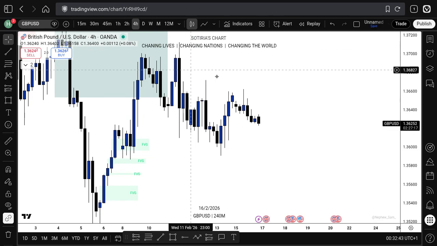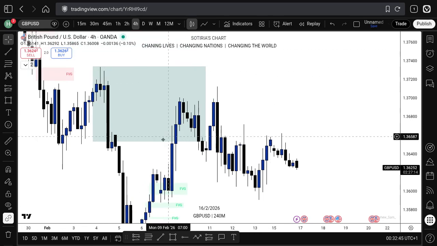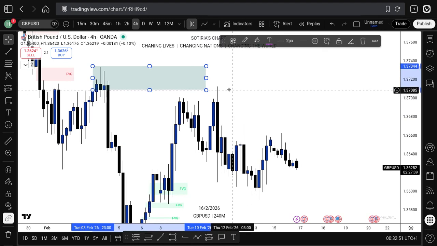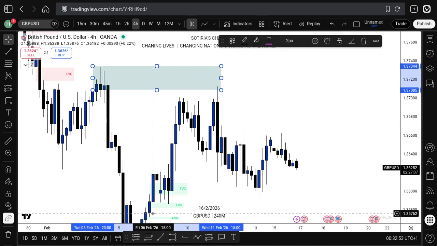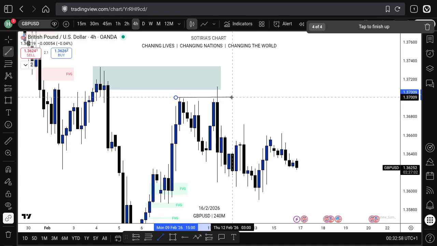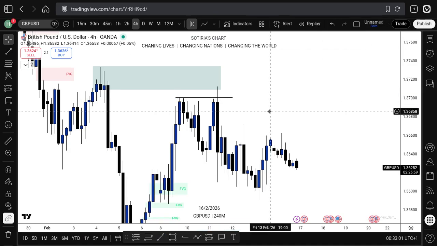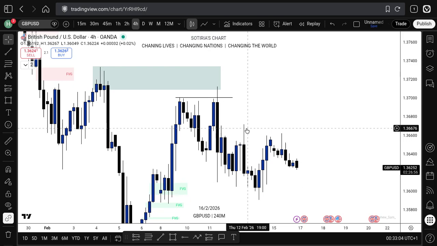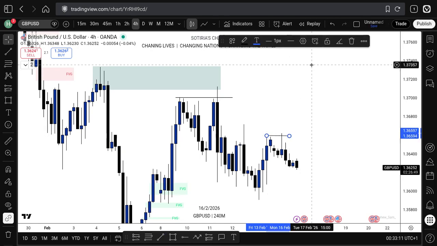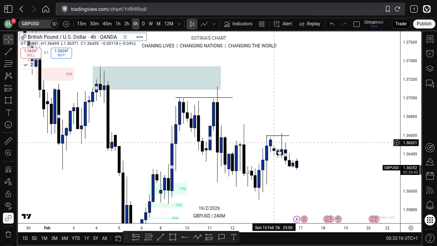We had a sell here from last week after taking out this inducement right here. So we had a sell here, and then we had another confirmation here, and then this week, yes, we had another sell here after price swept this inducement right here and gave us an engulfing.